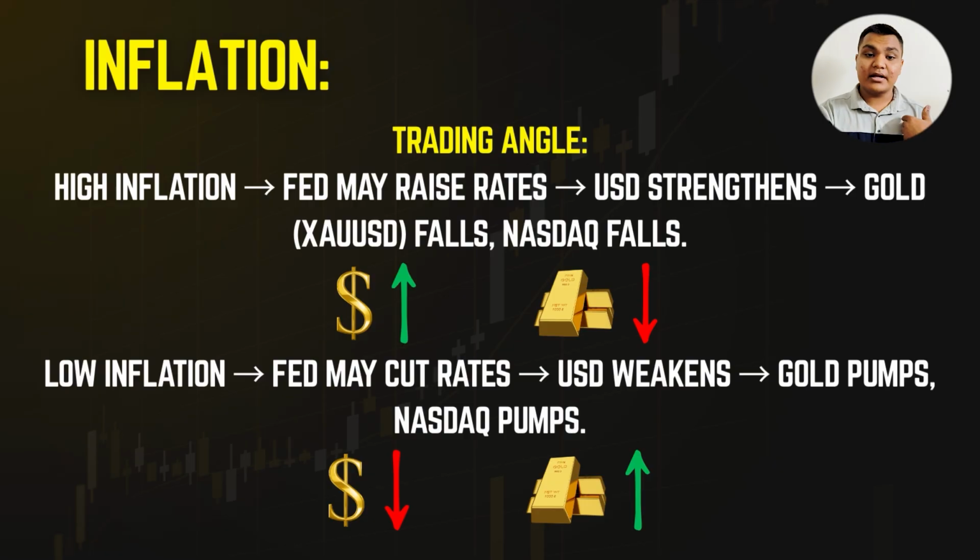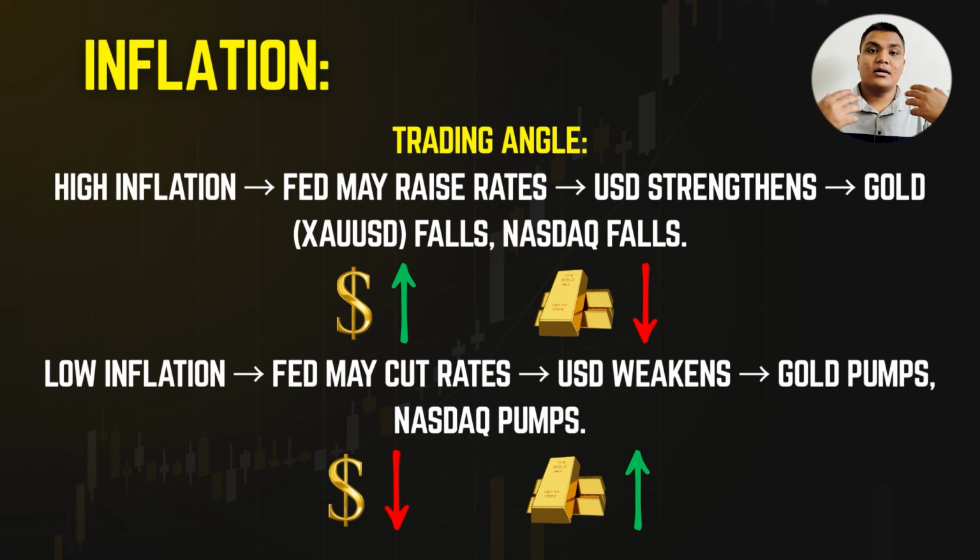How can we trade according to inflation? From a trading perspective, I am going to show you a simple pattern or simple understanding that you can use to place your trades accordingly to that data. High inflation means we are having a hike in inflation. So the Fed may raise the rates, which means the Fed is going to increase the rates.